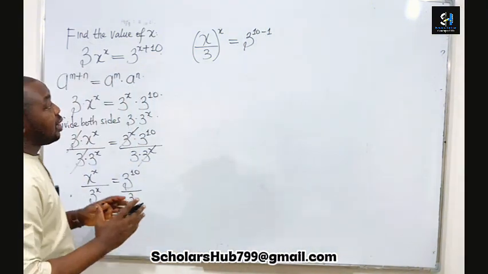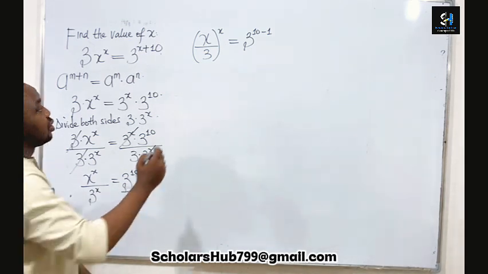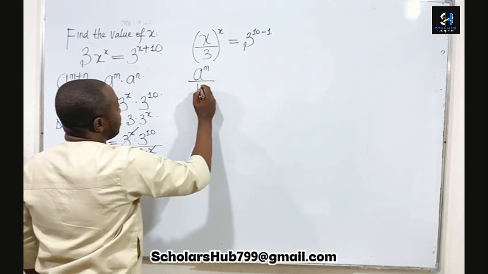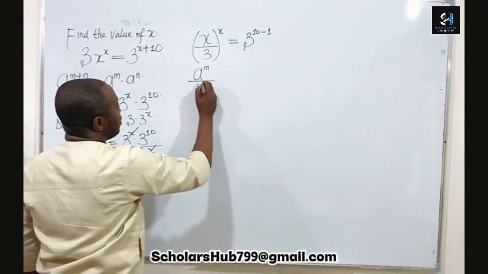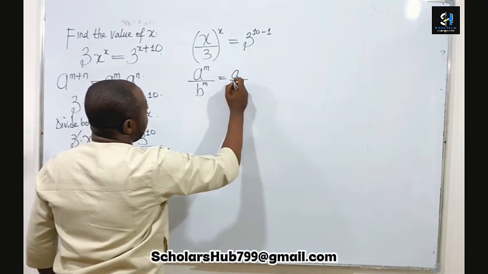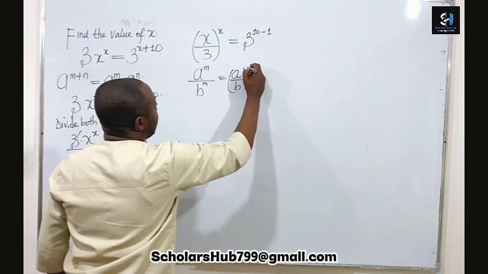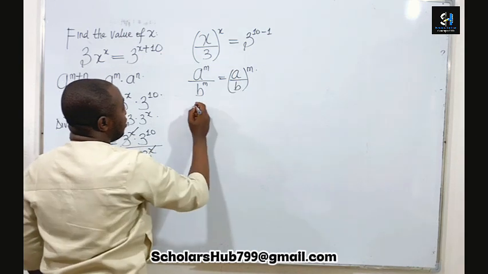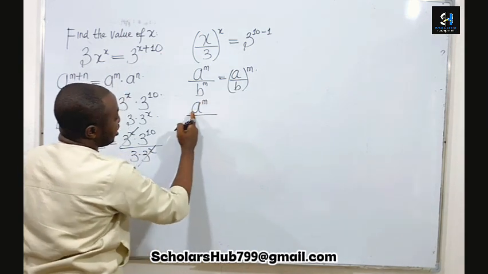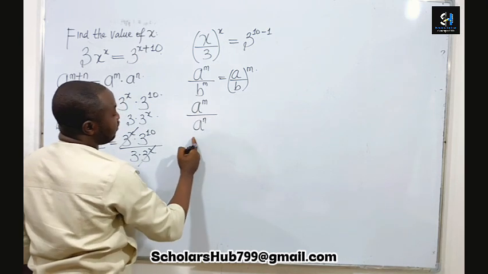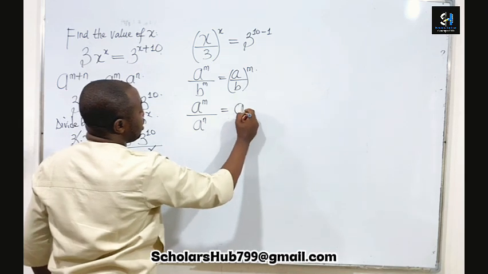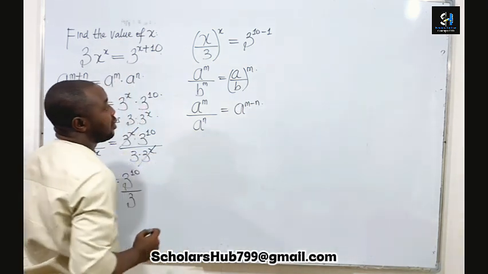Now, I just applied two properties of exponent. One of them is if we have a^n divided by b^n, this is the same as (a over b)^n. Then also the quotient rule for exponent: when we have a^m divided by a^n, this will be equal to a^(m minus n).